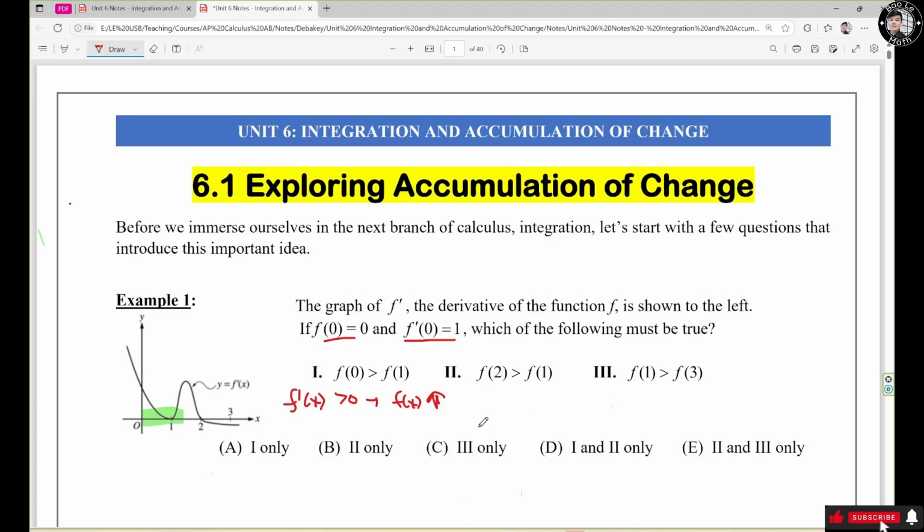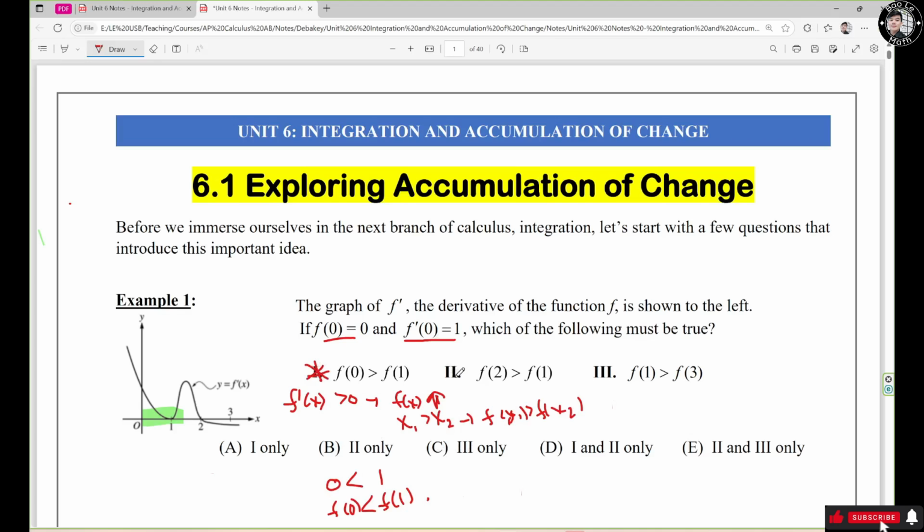So by definition, if s1 is greater than s2, then f of s1 is greater than f of s2. Now we have 0 less than 1, then f of 0 must be less than f of 1. So this makes answer choice 1 incorrect.